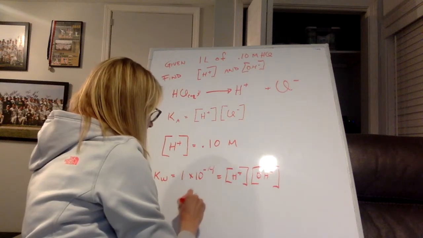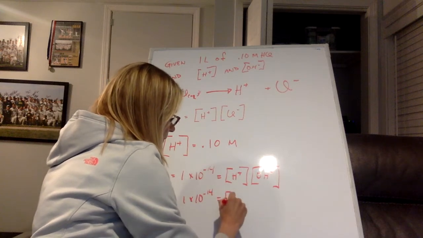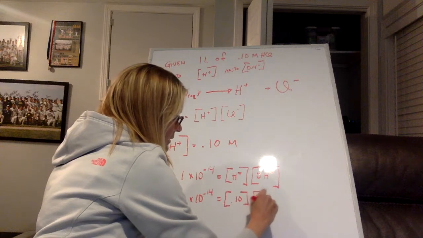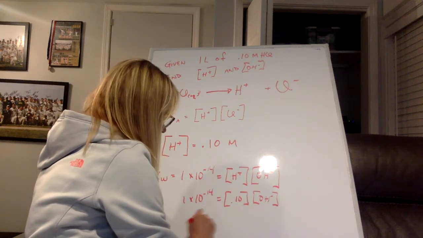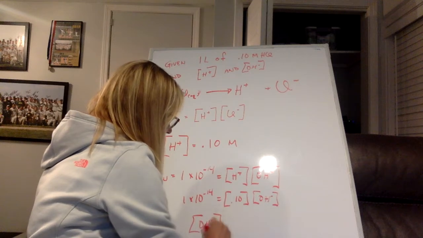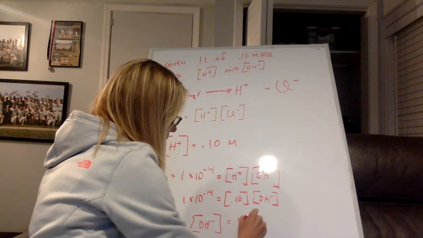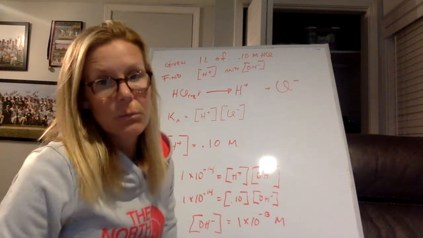So 1 times 10 to the negative 14th equals 0.10 times your concentration of hydroxide. So my concentration of hydroxide is 1 times 10 to the negative 13th molar.